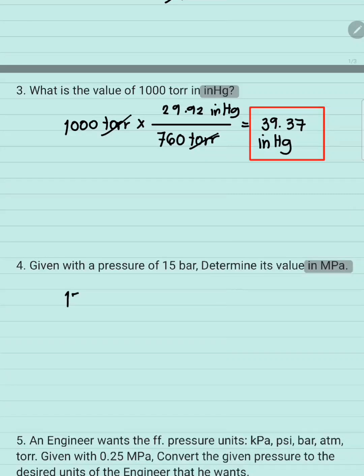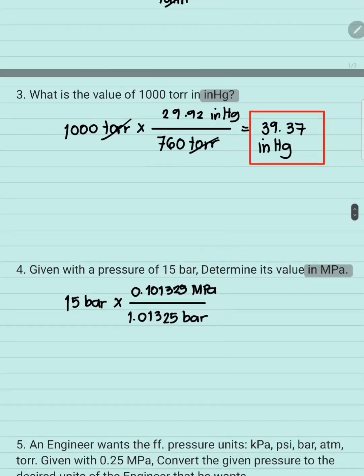So for every 1.01325 bar, we have 0.101325 megapascal. Cancel the units for bar. This is 15 multiplied by 0.101325 divided by 1.01325. In the calculator, we get 1.5 megapascals. That is the answer for problem number 4.